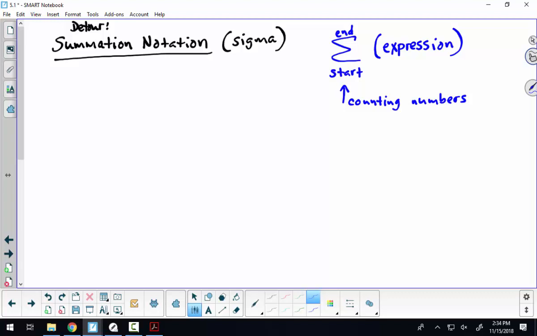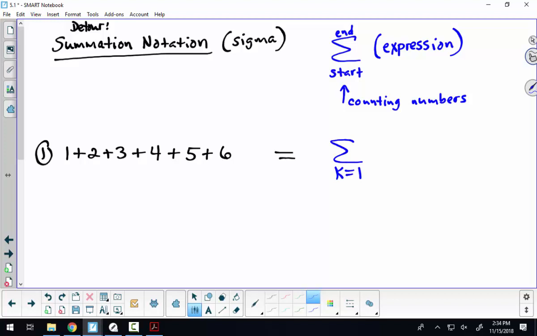And we'll look at a few examples just to see how this works out. So example 1, instead of writing 1 plus 2 plus 3 plus 4 plus 5 plus 6, we can write instead the sum, we'll call our index k because that's the index on the Riemann sum, k equals 1 to 6 of k.